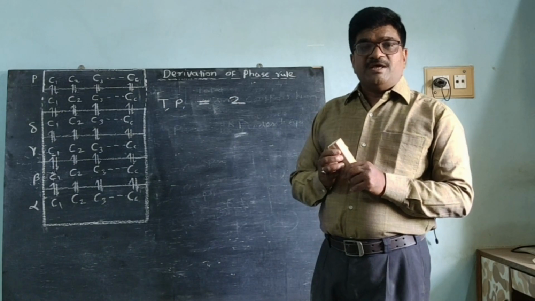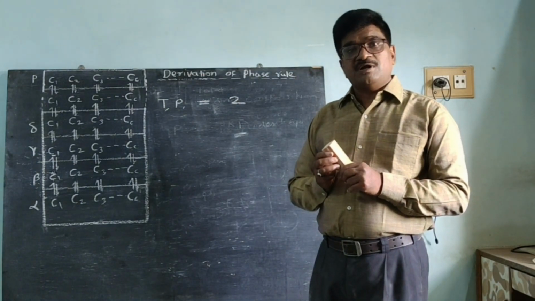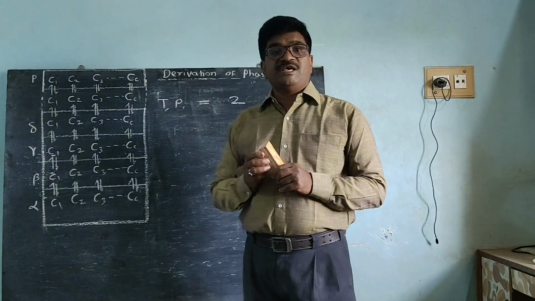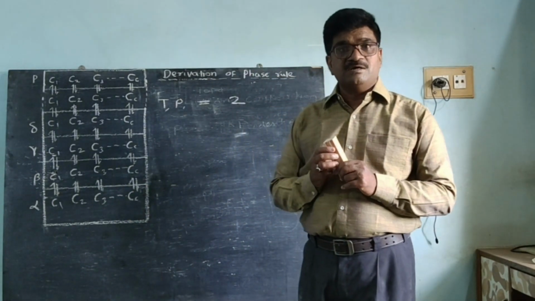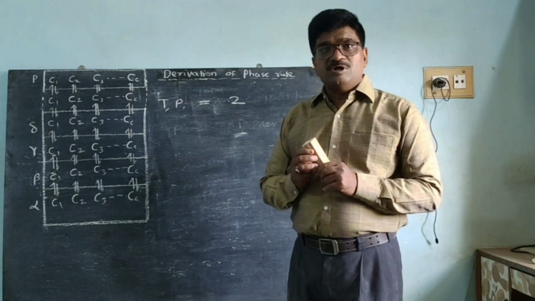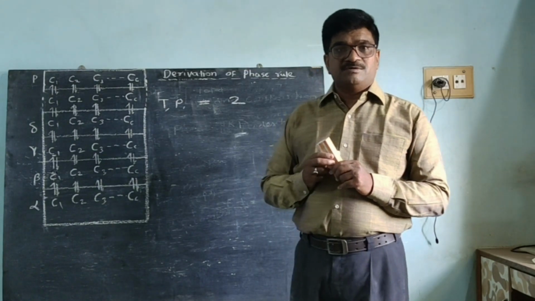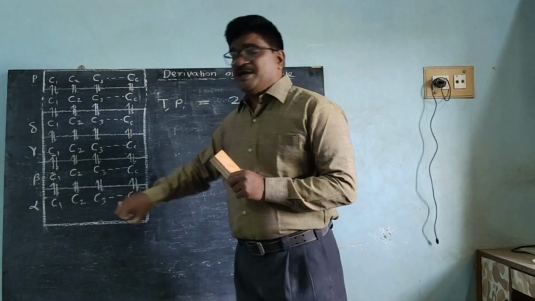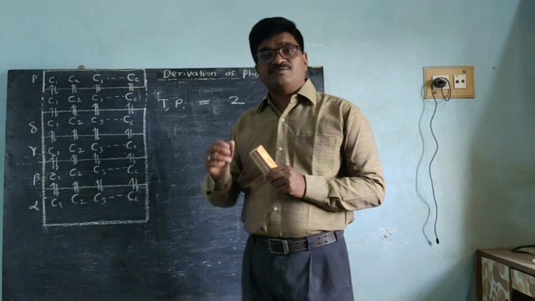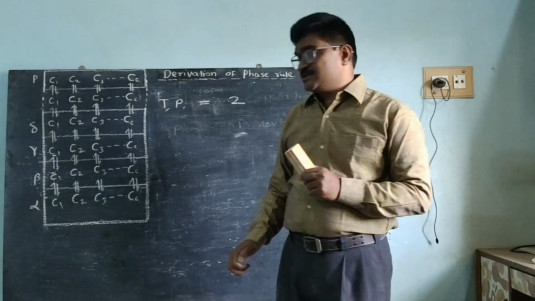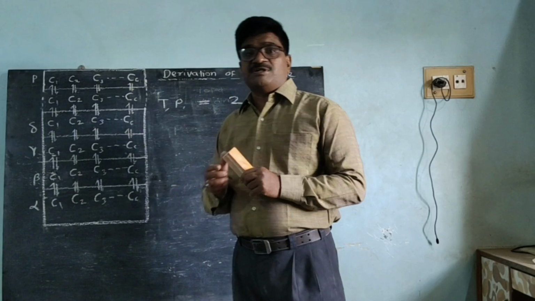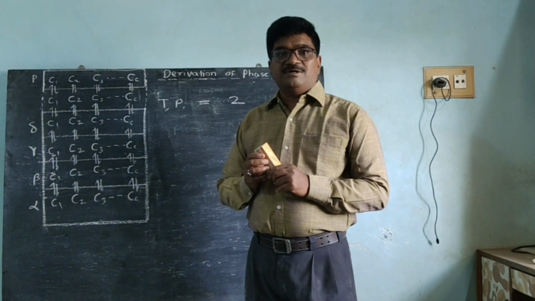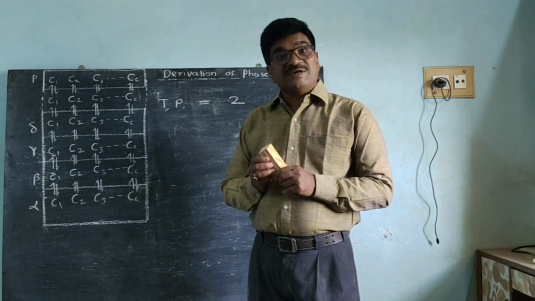So automatically C2 is 90%. If we select three components, C1, C2 and C3 here, we will have to know the concentration of two components so that we can express the concentration of all components. Here suppose C1 is 10%, C2 is 20%, then automatically C3 will be 70%.